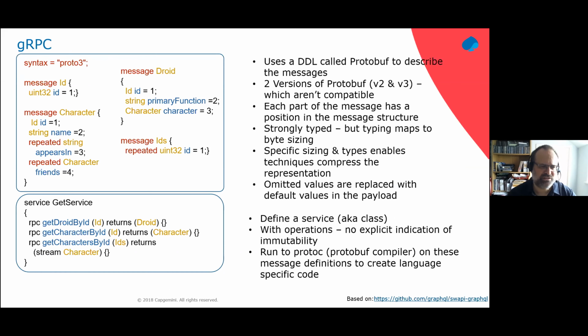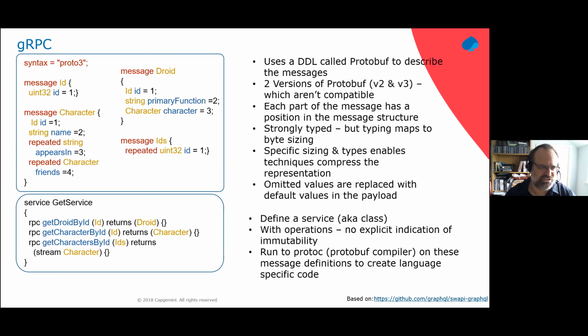So this is what it looks like. There are two syntaxes, Proto2 and Proto3. This is protobuf, to use its full name, and there's not full compatibility between Proto2 and Proto3. So I've tended to focus on Proto3, which is the newer one, obviously.